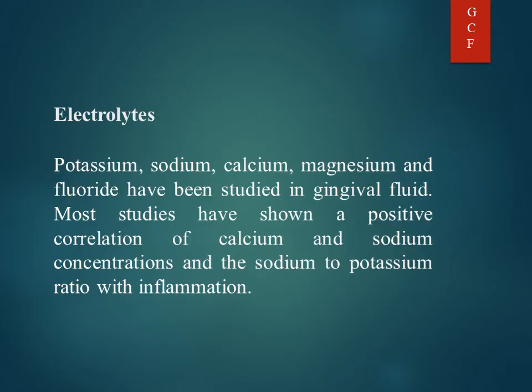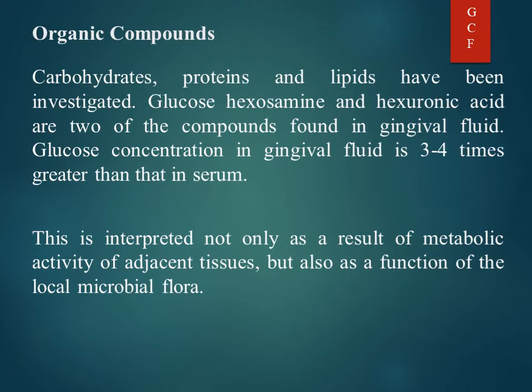Moving on to electrolytes, you have your potassium, sodium, calcium, magnesium, and fluoride that have been studied widely. A lot of studies have shown that there's a positive correlation between sodium and calcium concentrations and the sodium to potassium ratio with inflammation. Organic compounds are your carbohydrates, proteins, and lipids.